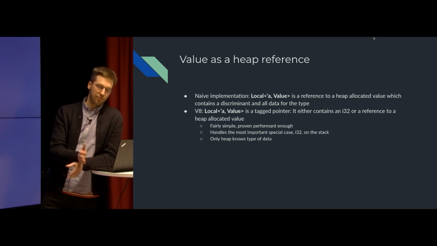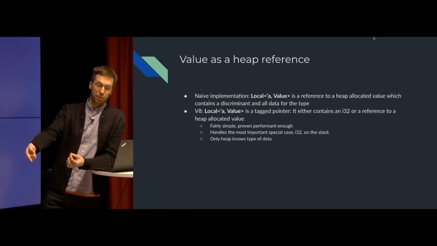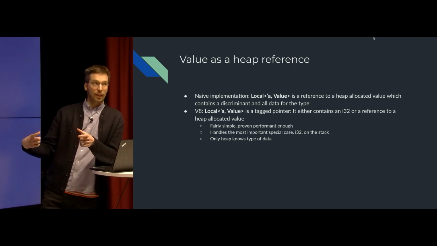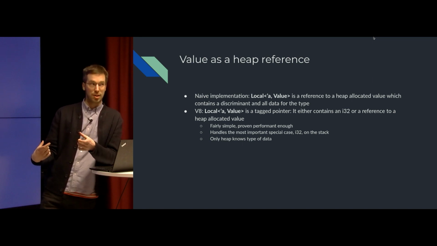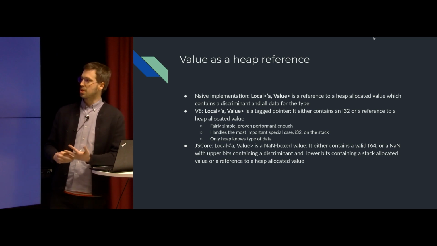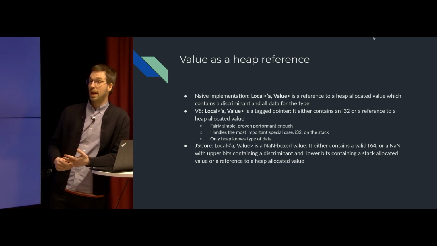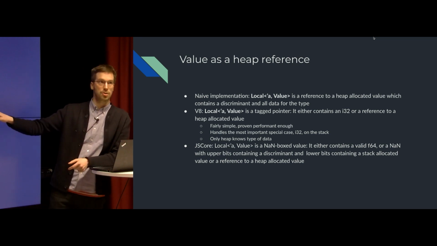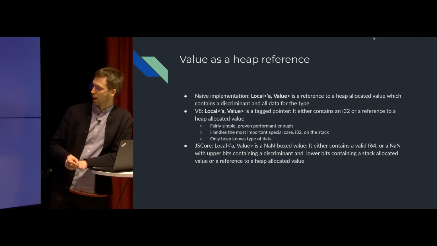Unfortunately, this means that only the heap knows what type of data you're dealing with. So when you see a value, you can check the tag to see if it's a small integer. But if it's not a small integer, then the next question you're going to ask is, what kind of data is this? That's a heap read. JavaScriptCore does kind of the same thing, but they use a NaN-boxed value. This is the Safari browser.